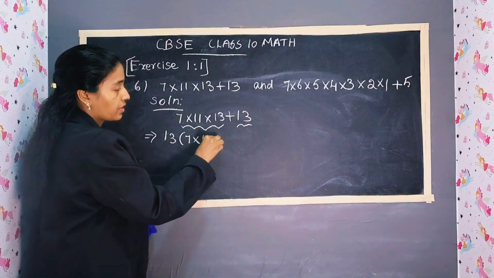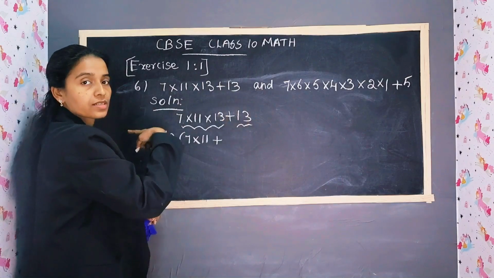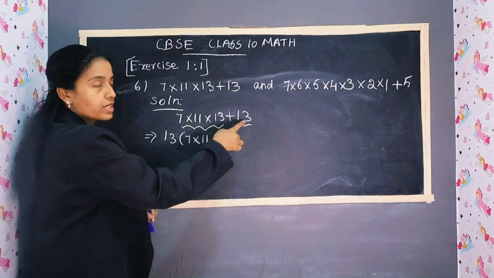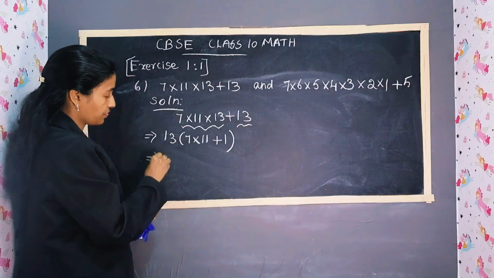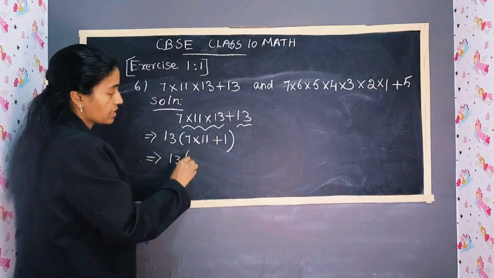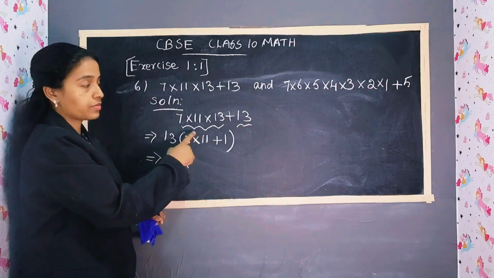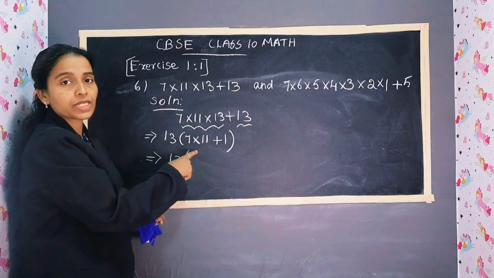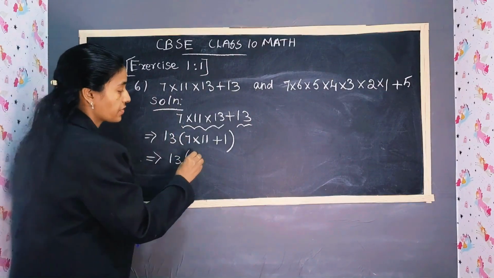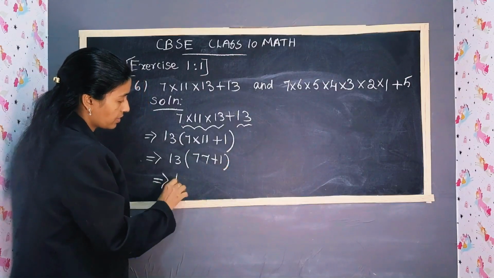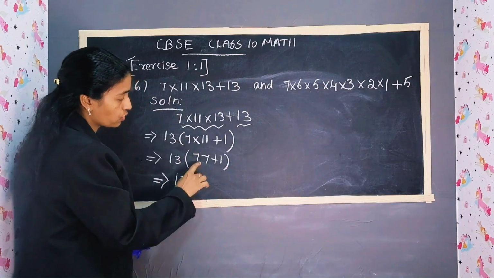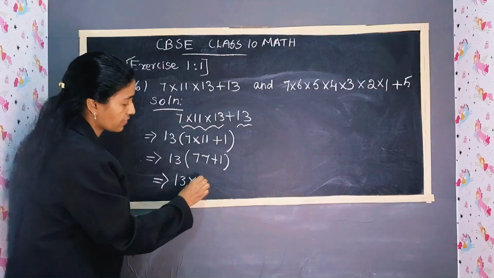And if I'm taking 13 out, 1 would be there, since 1 times 13 is 13, right? Next, 7 into 11, if I'm multiplying 7 by 11, I'll be getting 77, right? 13 into 77 plus 1, 78.